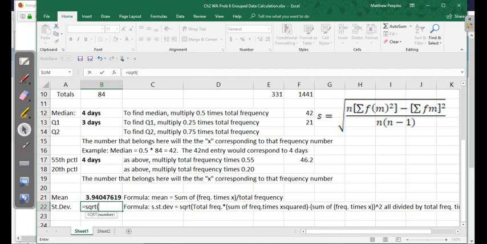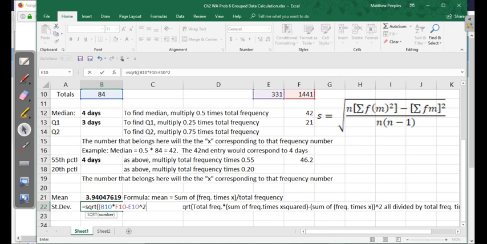I'm going to start with another inner parentheses, and my inner parentheses is going to be n, which is that value, 84, times the number that I get from my sum of my FM squareds, so times 1,441. And then I'm going to subtract from that the square of 331, so 331 squared.